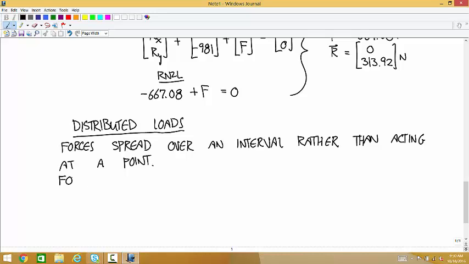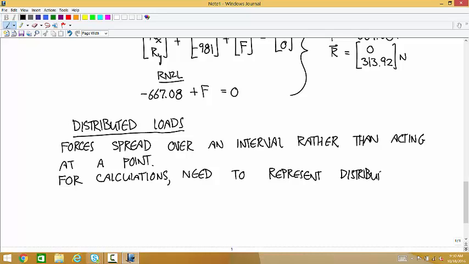For calculations, we always need to choose a point where we can treat it as a point force. We always need to represent distributed loads as point forces.